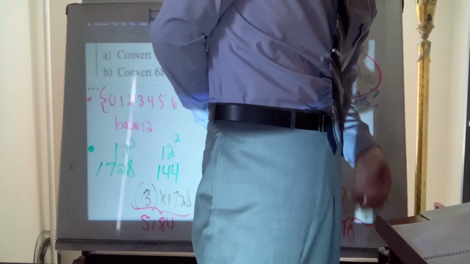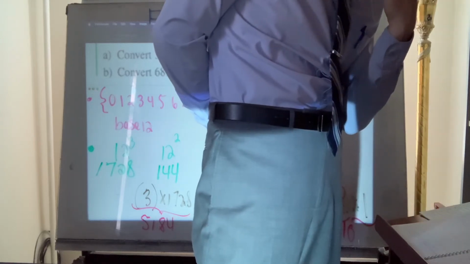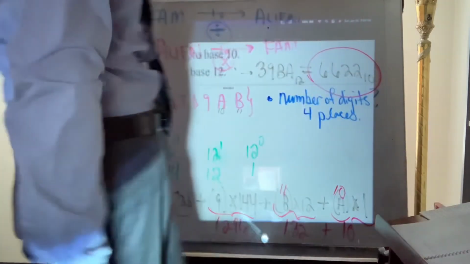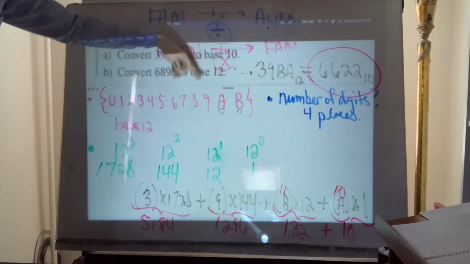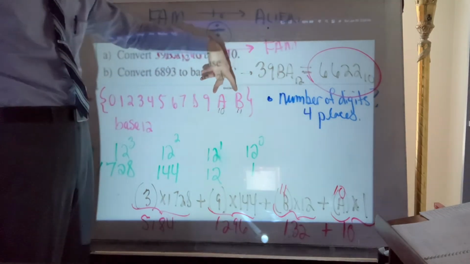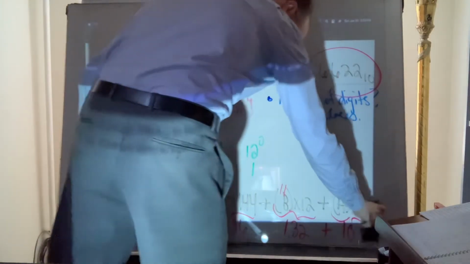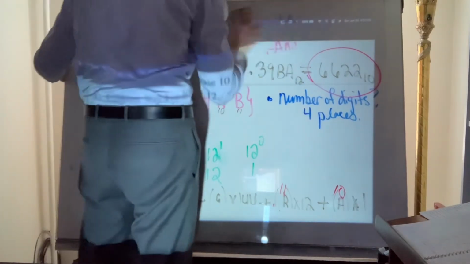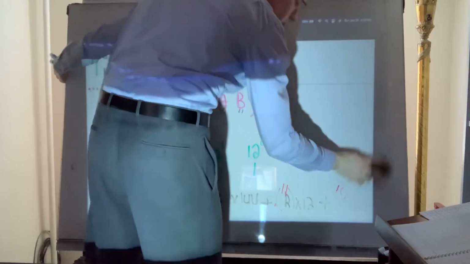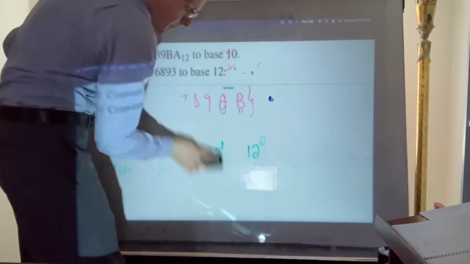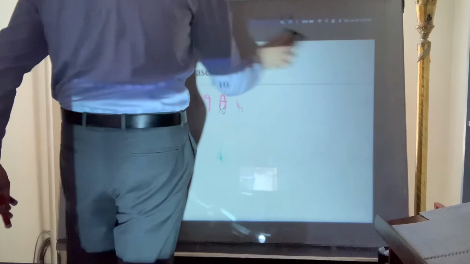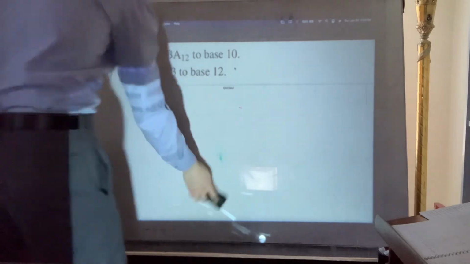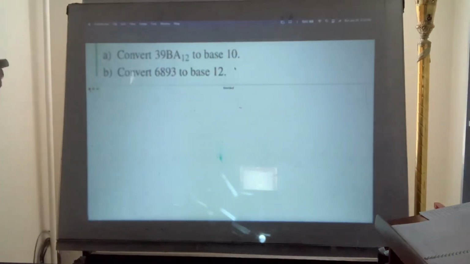Let me do what is part B, which is to convert this now to base 12, because we're going to have to get comfortable with using letters, where it would seem odd to be doing that. And I'll do a base 16 hexadecimal version of this.